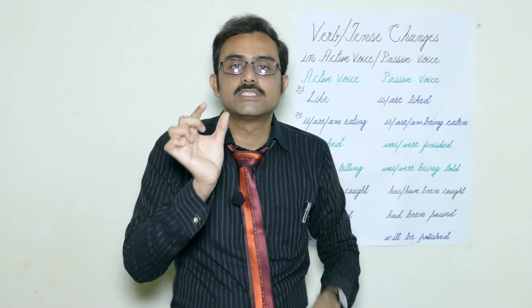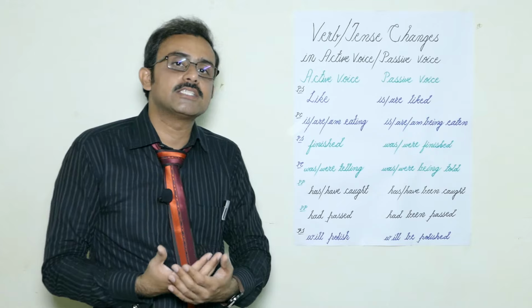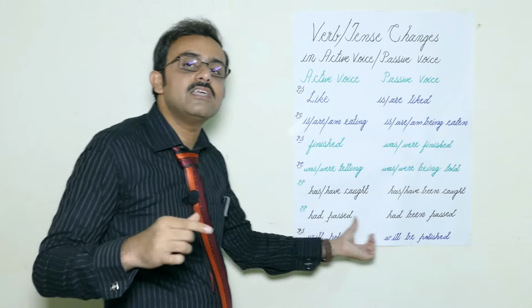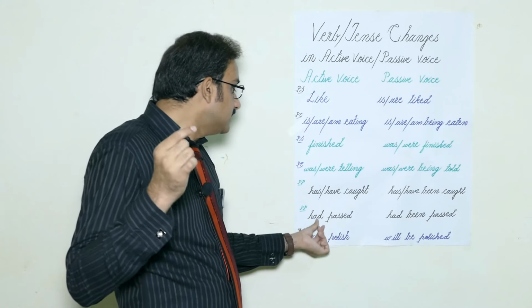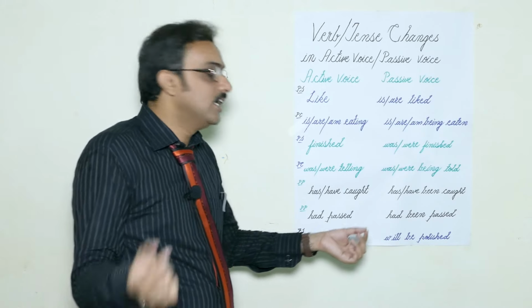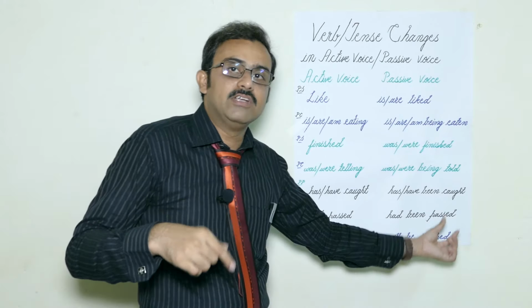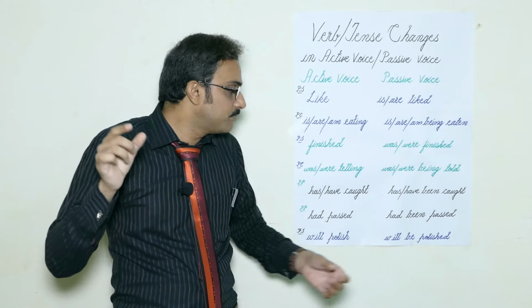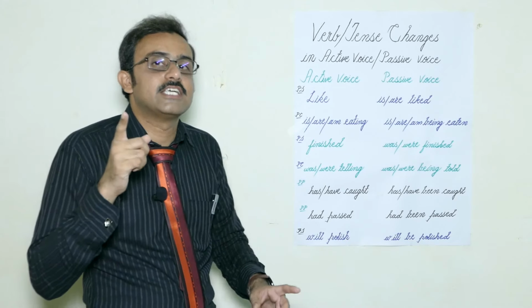The auxiliary we use in past perfect tense, we use the auxiliary had. Either it is active or it is passive sentence. But same, had is changed into had been when we change active into passive. And definitely you know, in passive which form of verb we use? Tell me. Yes, you're right.